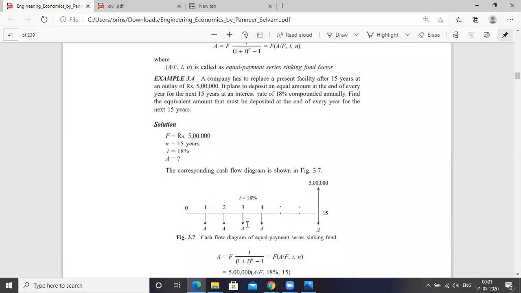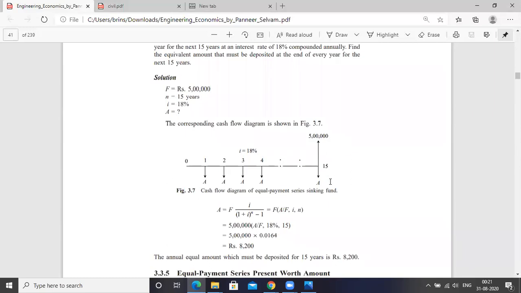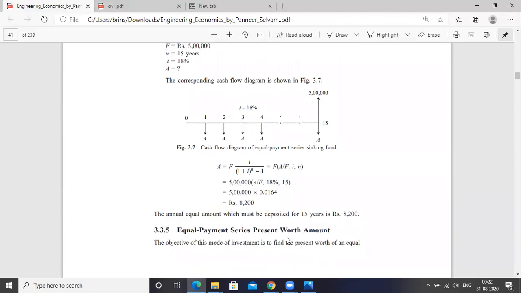Each and every year you want the equal amount which you can deposit for 15 years, with interest of 18 percent, to obtain the amount of 5 lakhs of rupees. So now we can use the same formula, that is A is equal to F into I divided by (1 plus I) power n minus 1, and you can find the amount which you can deposit for the next 15 years, right?